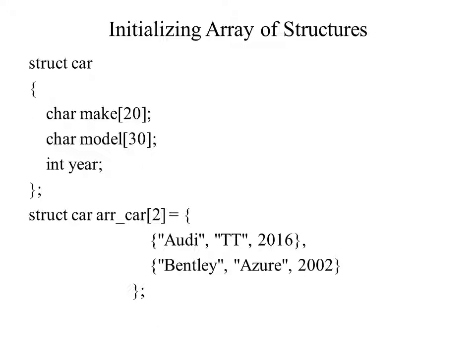The first curly braces is for the entire variable, and within that we have two locations for the array. The 0th location has three parts, Audi, TT, 2016, and the first location of the array has three parts, Bentley, Azure and 2002.